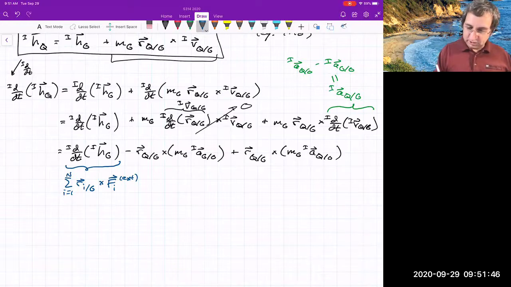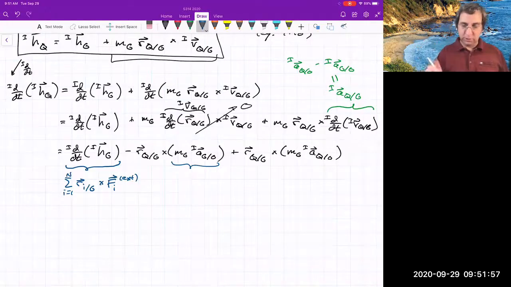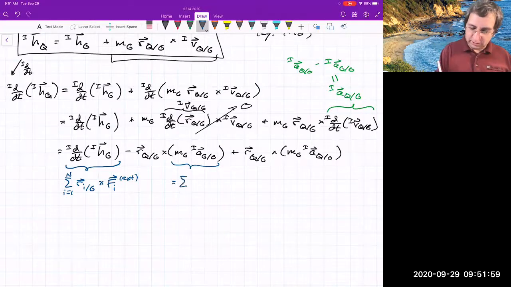What about this? This is mass times the acceleration of the center of mass. Here we use the superparticle theorem, and it says that mass times acceleration equals total force. The total force on this collection of particles is the sum of the external force.